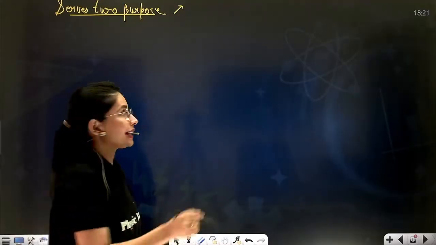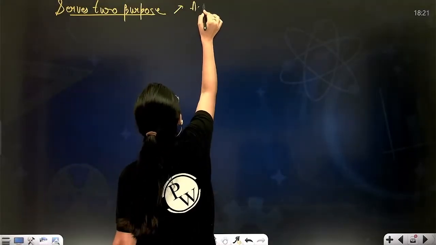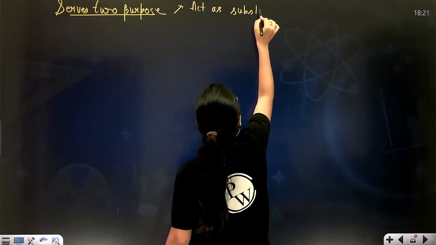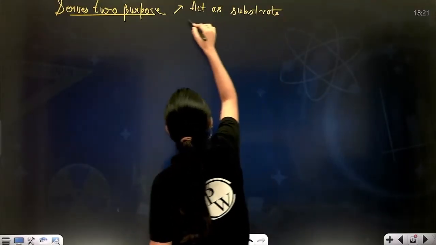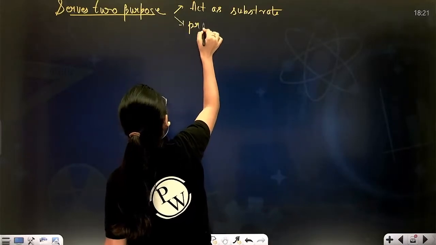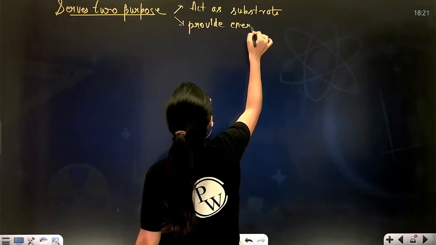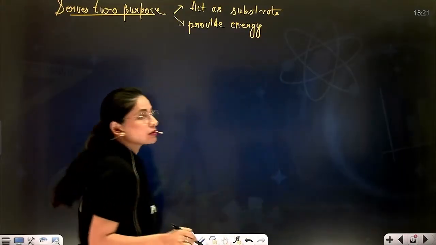What is the first purpose? The first purpose is acting as substrate for the synthesis of daughter strand, and second, they also provide energy for the synthesis of the new daughter strand.